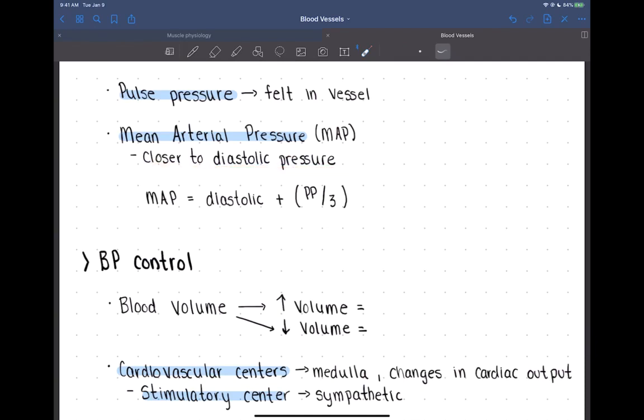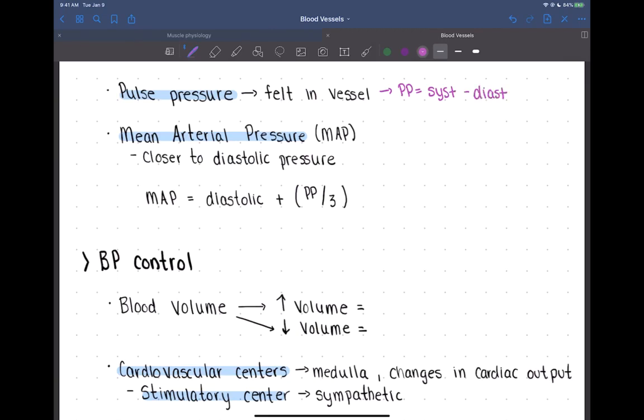Okay, so we're going to take that pulse pressure, divide it by 3, and add it to the diastolic pressure. All right, and so that is going to put us much closer to our diastolic number. And just for reference, pulse pressure is equal to the systolic pressure minus the diastolic.